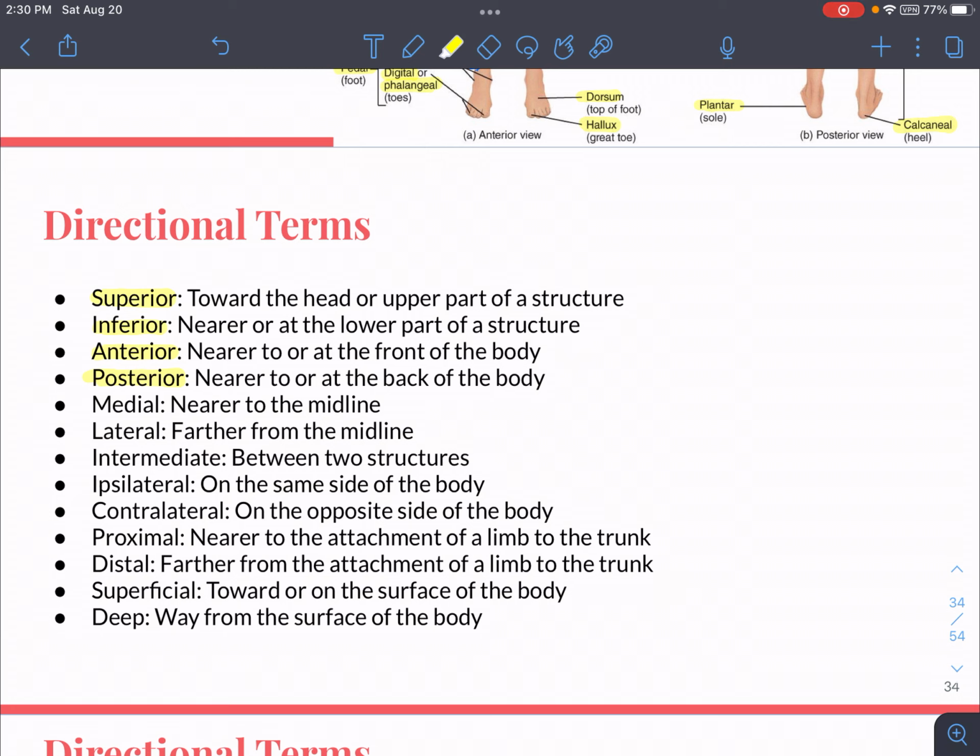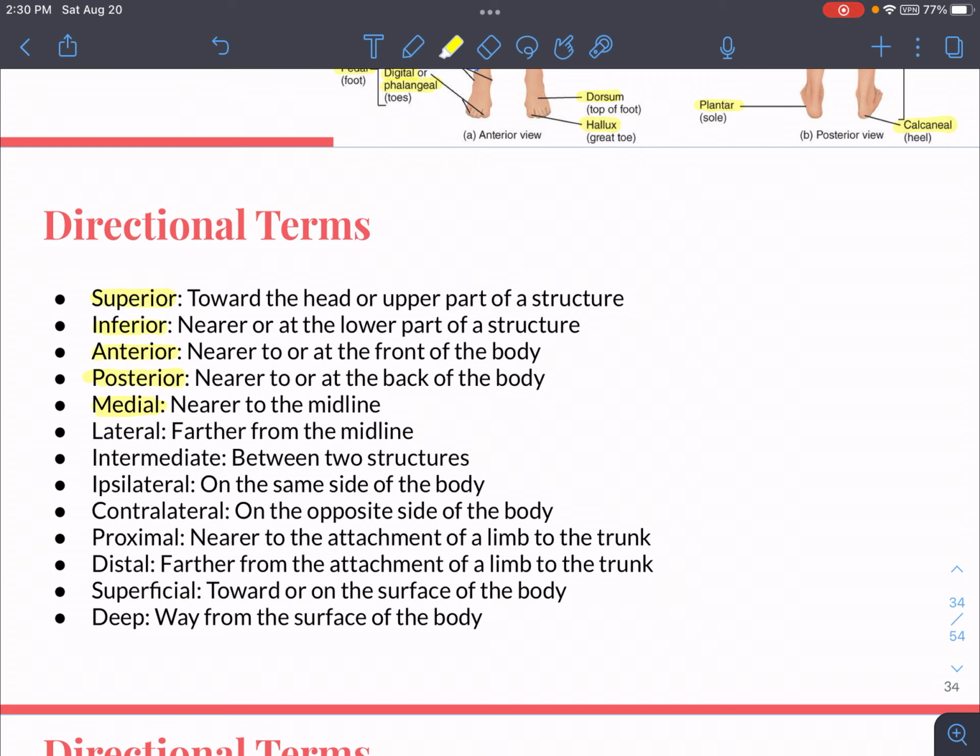Medial, which is near midline. My sternum, that breastbone, is medial to my shoulder. There's also lateral, so further from midline. My shoulder is lateral to my sternum.